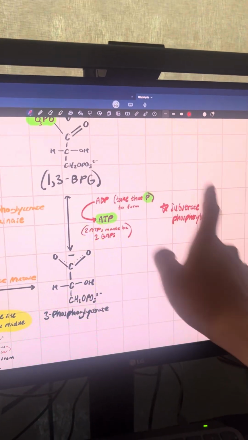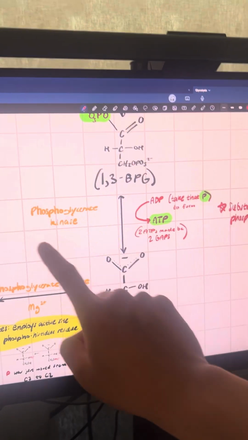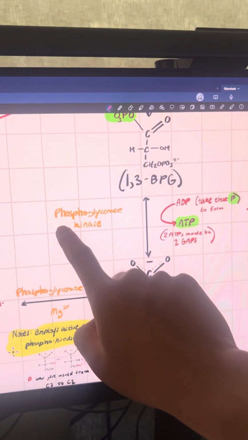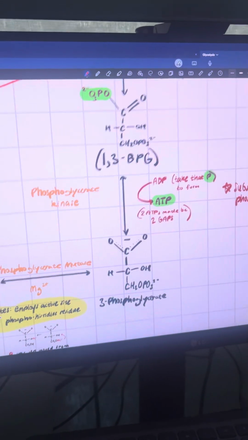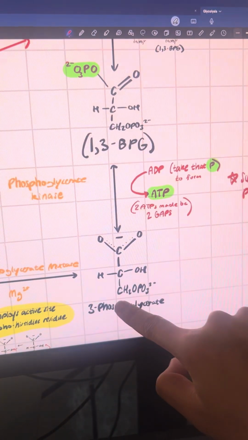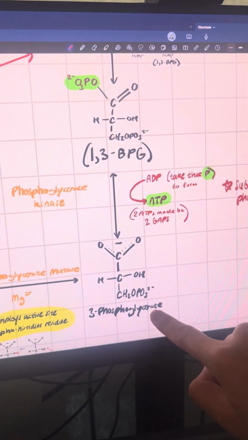So if you're asked what enzyme performs substrate level phosphorylation, you could say phosphoglycerate kinase. But you thought kinase means phosphorylating, right? So why are we getting rid of this phosphate? Because you're going from 1,3-BPG to 3-phosphoglycerate.